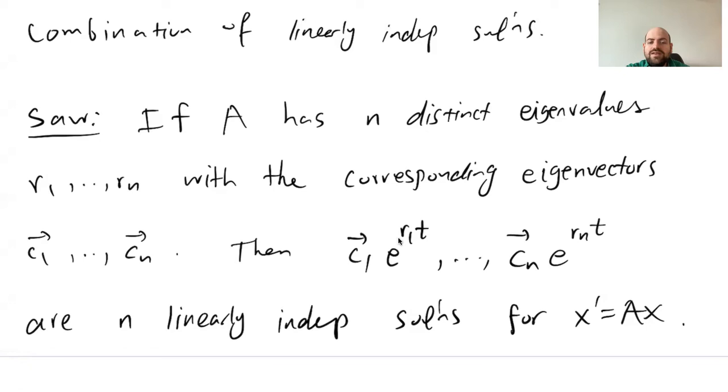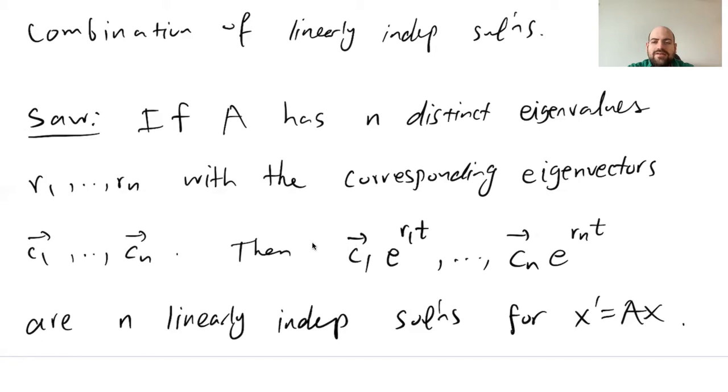It's a function of t. The e part is a function of t, while the c1 part is not a function of t, it's a fixed vector. Overall, it's a function of t, and overall it's a vector because this part is a vector and this part is a number. One part makes the solution a vector, and the other part makes it a function of t.